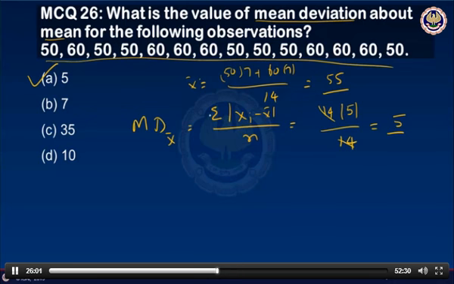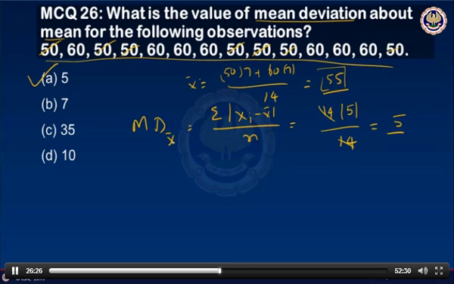Once again I am explaining here. If you look at this data, the 50 is repeated 1, 2, 3, 4, 5, 6, 7 times. So this is 7 times, and 60 is also repeated 7 times. The mean is 50 into 7 plus 60 into 7 by 14, which is equal to 55 is the mean.